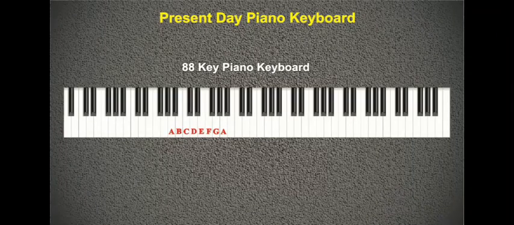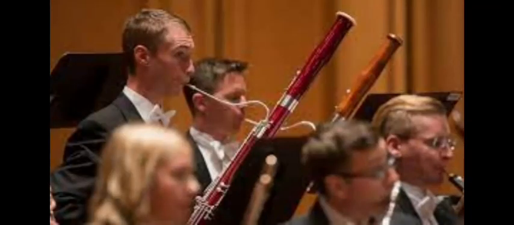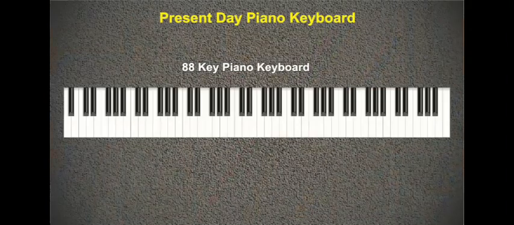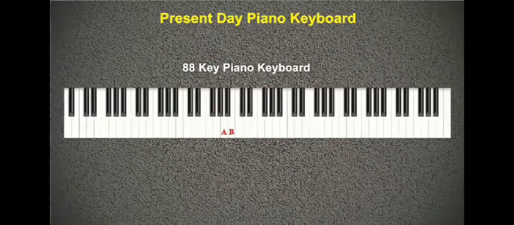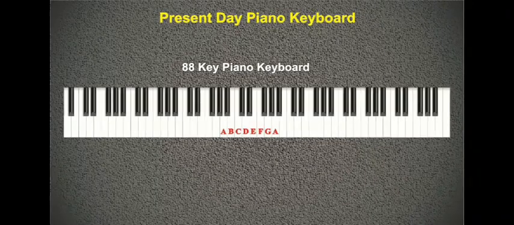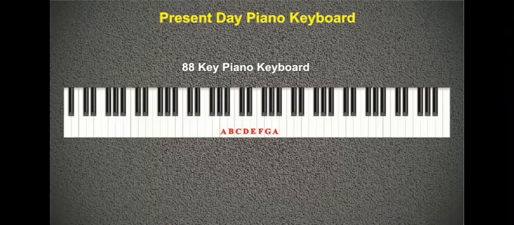Here is the bassoon playing within that register. Next, we hear the register starting at the A just below middle C. We can listen to the clarinet as it plays within this register.